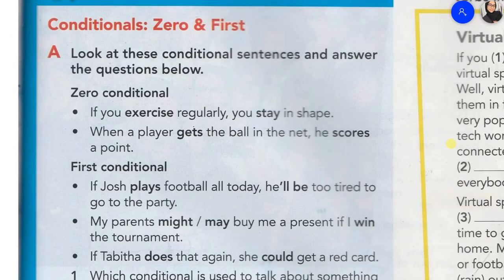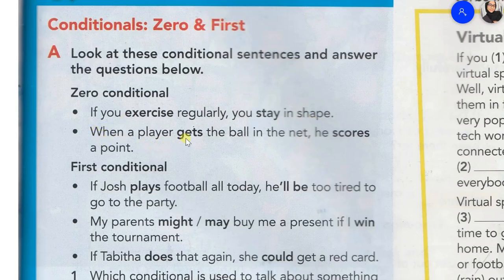Okay, now let's do the exercise on page 73 of your textbook. Alright, task A. Look at these conditional sentences and answer the questions below. Okay, let's read the sentences. So these two are zero conditional sentences. The first one is, if you exercise regularly, you stay in shape. Right?